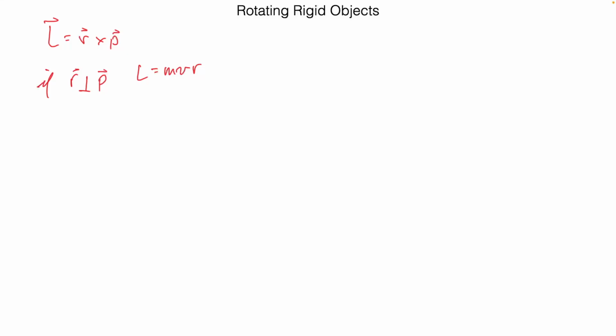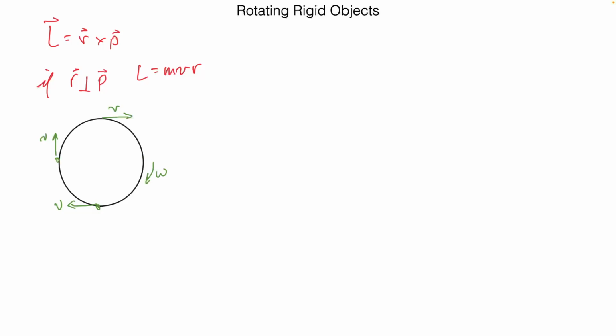Notice I'm writing just the magnitude there because how are we going to find the direction of angular momentum? Got to use that right-hand rule, don't we? Okay. So if it's going in a circle, and let's say it's going around with angular speed that way, which means at any given point we'd have a tangential v like this.